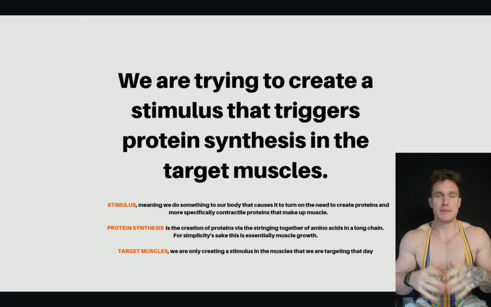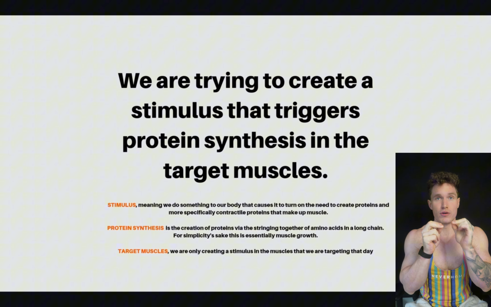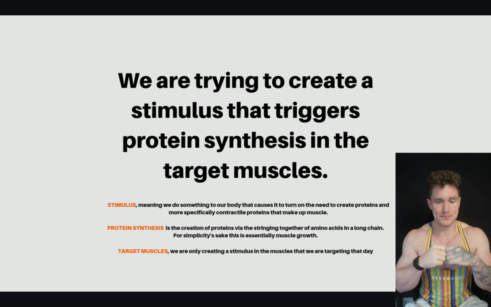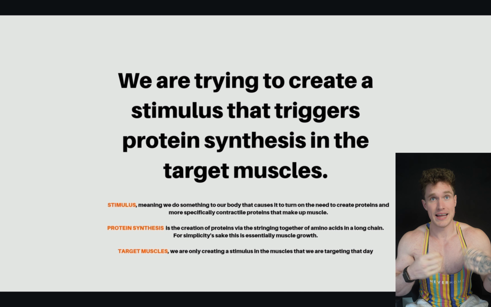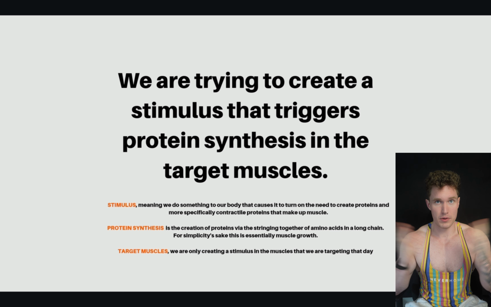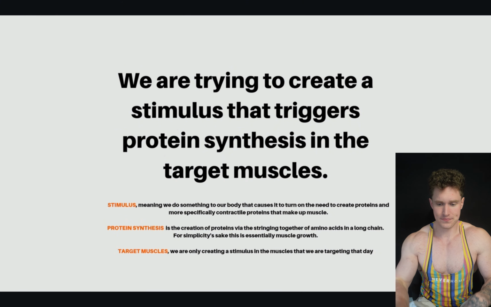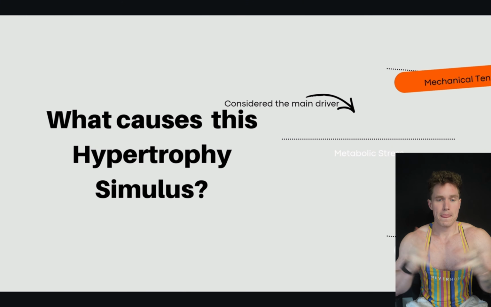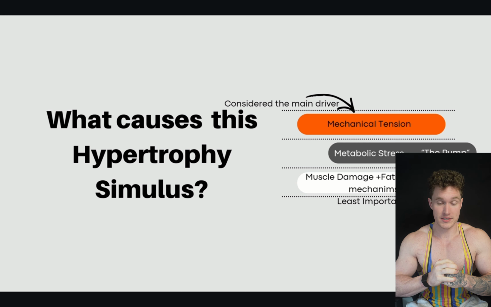So stimulus means obviously we're doing something to the body that's causing some kind of outcome, that outcome being protein synthesis, which is basically the making of proteins from amino acids. And we want to do that in just the target muscles that we're targeting that day. So not just trying to create total body, maybe in a full body program, but we do actually care where that stimulus occurs.